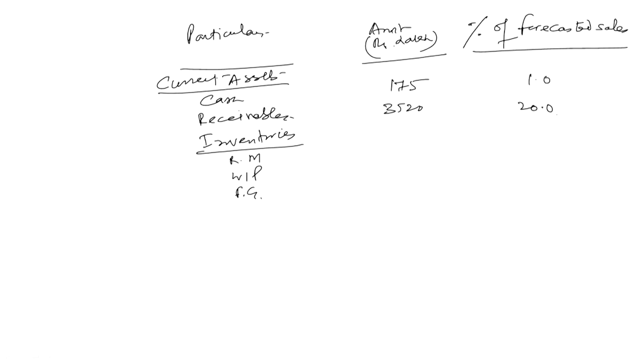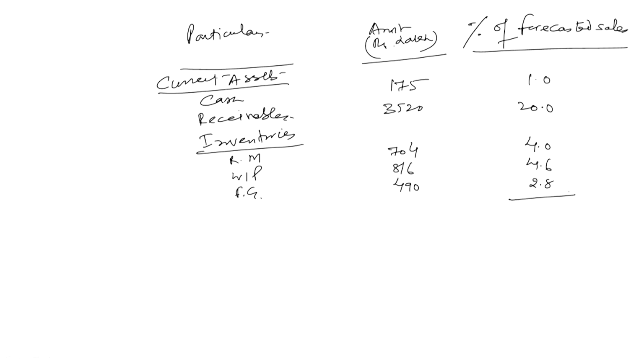Now, we talk about the inventories. We have an inventory of raw material of 704 lakhs, then we have WIP of 816 lakhs, and then it is 490 lakhs. But in percentage terms, it is 4%, it is 4.6%, and it is 2.8% of the sales.